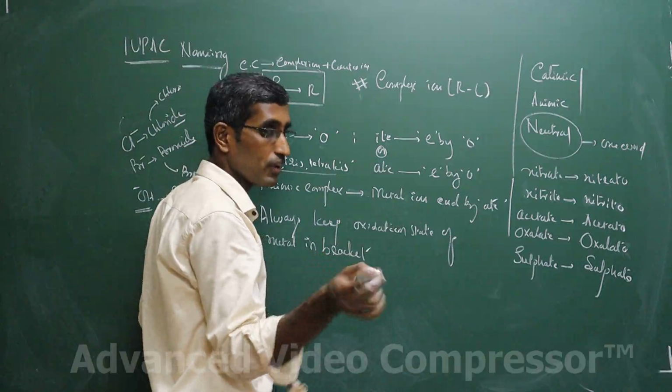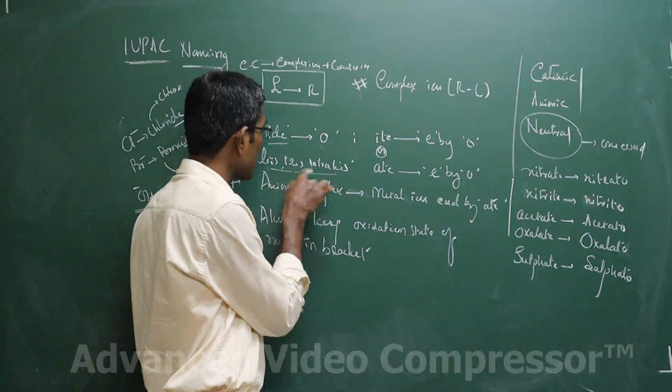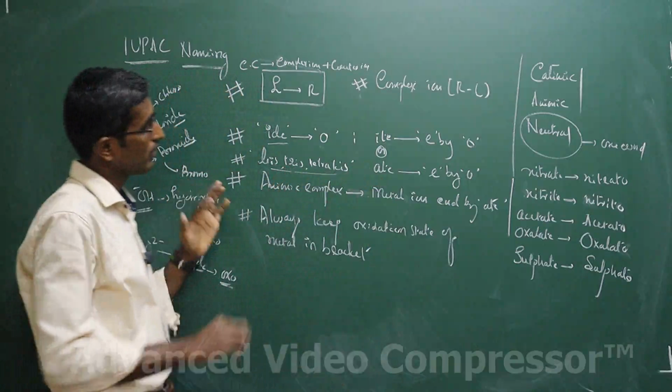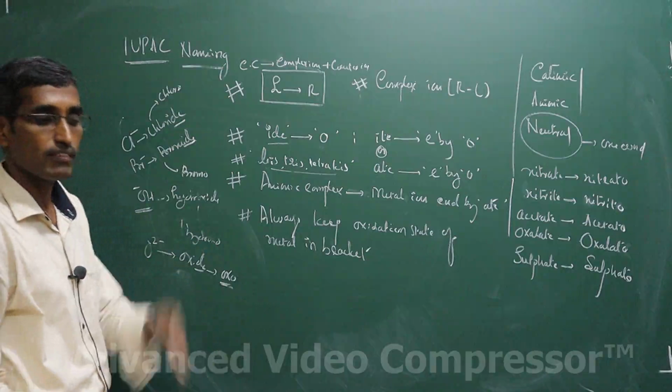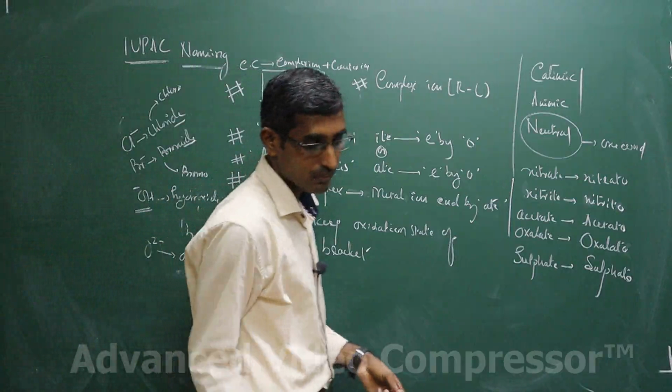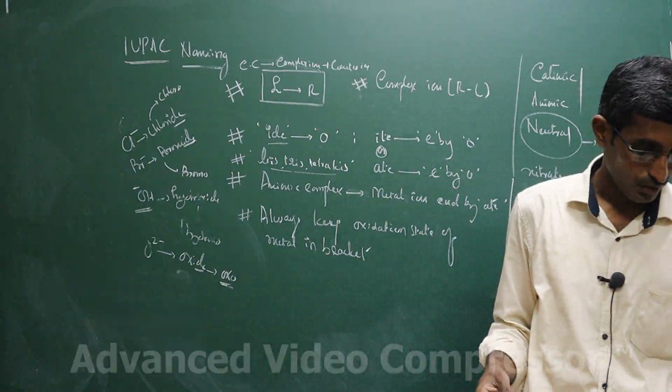Ethylene diamine, for instance, already has di in it. In that case, you have to use bis, tris, tetrakis, etc. Got it, right? So that's it about the IUPAC nomenclature. It's very easy. We'll take some examples, students, and try to name them using the IUPAC nomenclature.